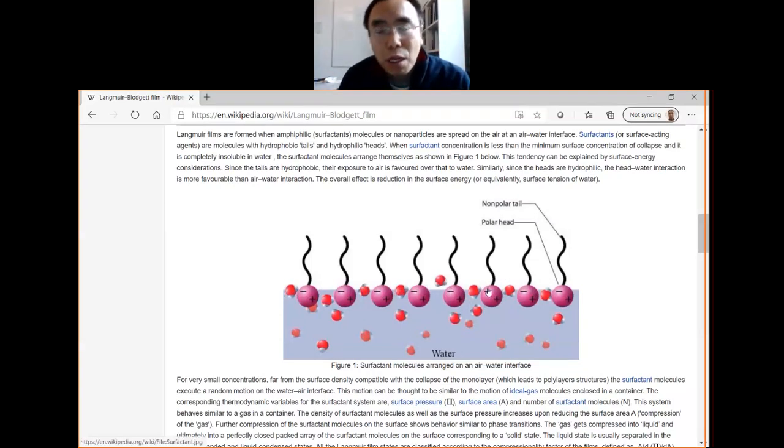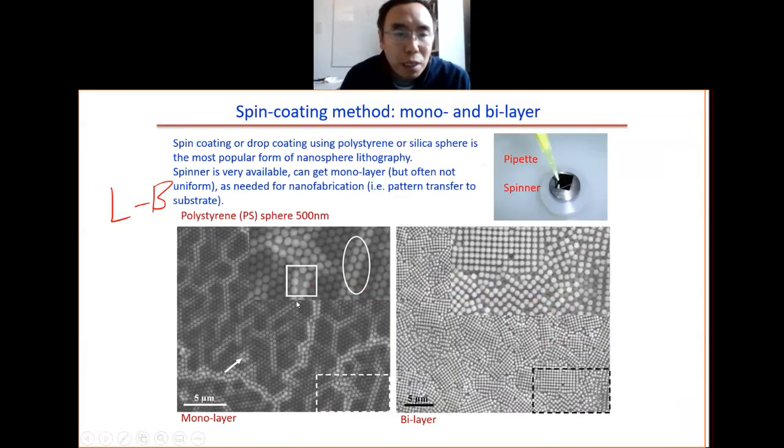Then you can put your wafer below and pick up a monolayer of the nanospheres. This gives you better self-assembly of the monolayer, because normally we need a monolayer for the pattern transfer. We do not need a double layer. So the Langmuir-Blodgett method gives you better self-assembly.